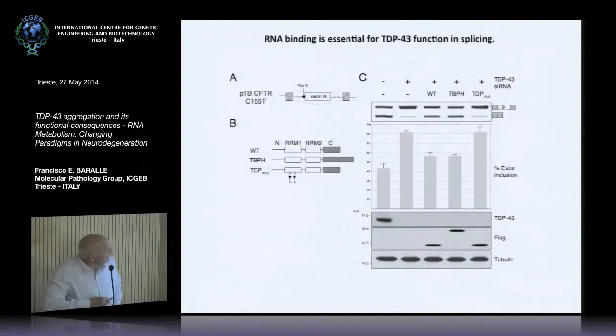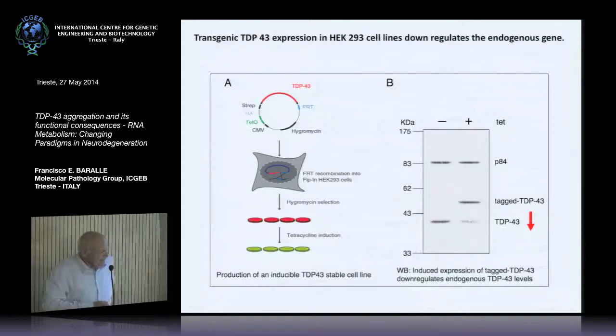You do an siRNA against TDP, and then you get recovery of full inclusion. You transfect wild type, you get back inhibition. You transfect the Drosophila, and you get back inhibition. And you transfect a mutant that cannot do RNA binding, and you don't get back inhibition. So RNA binding was essential for its function, at least in splicing.